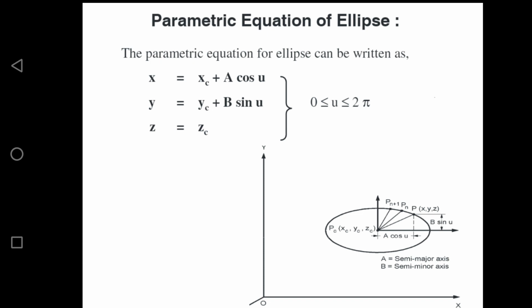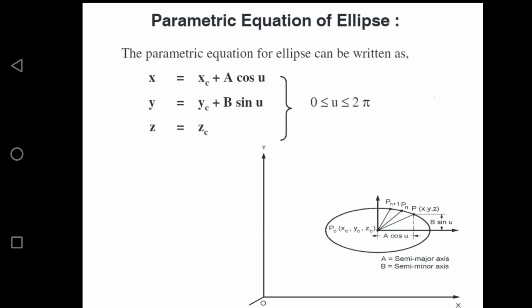Let's consider any point P on the ellipse having the coordinate points x, y, z, and this P has an independent angular parameter u, tilted with an angle of u.